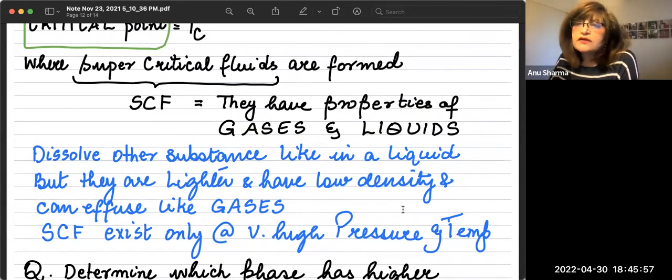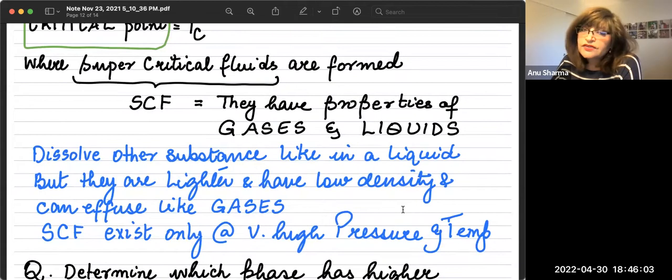Similarly, supercritical fluids dissolve things, but they are lighter than liquids and have low density, and they effuse like gases. So like gases, supercritical fluids can also spread out.